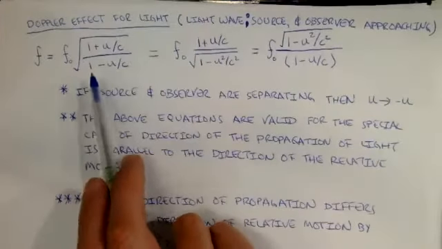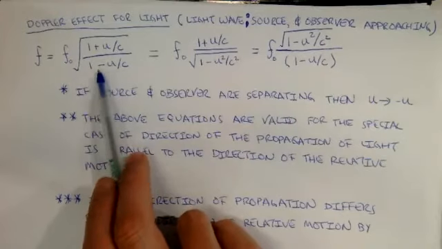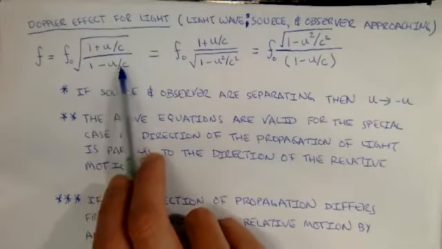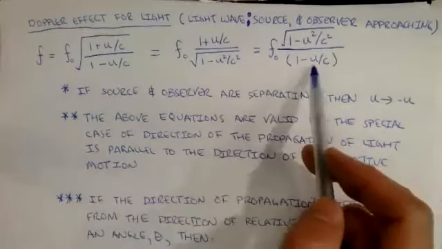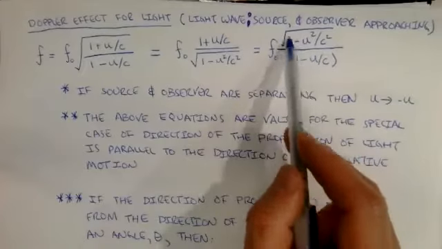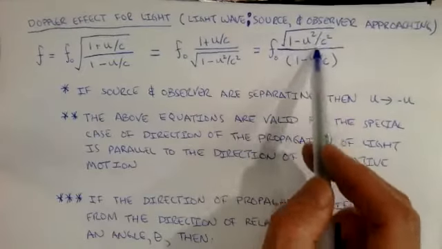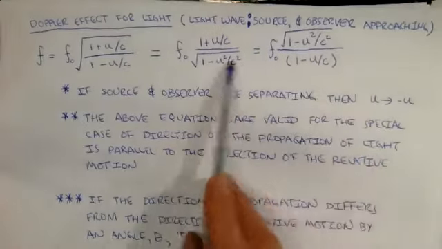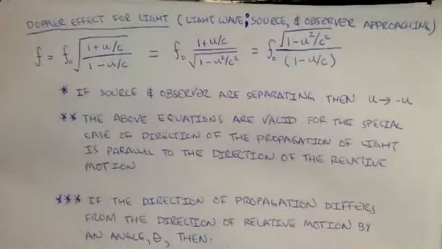If instead we multiplied top and bottom by the square root of 1 minus u over c, then the denominator becomes 1 minus u over c, and the top becomes the square root of 1 minus u squared over c squared. So hopefully this algebra is not terrible for you.